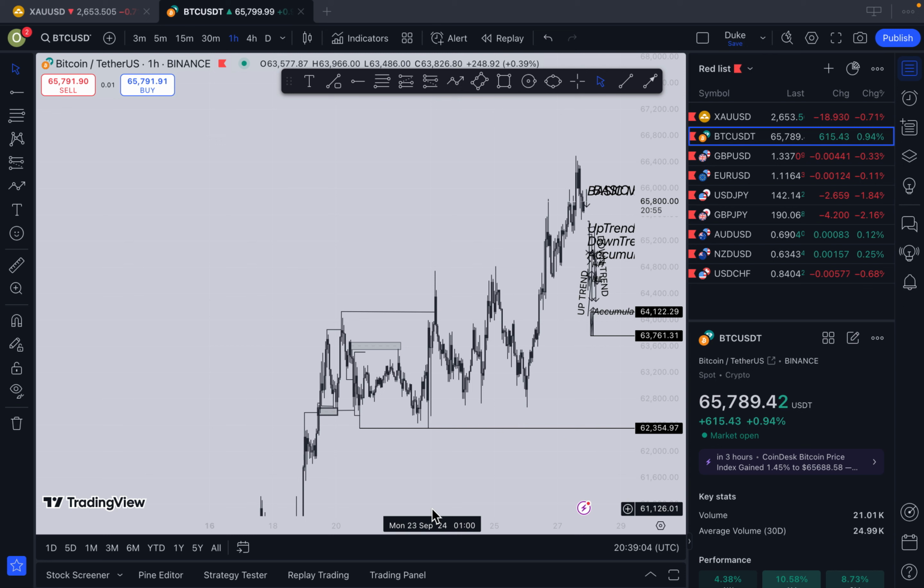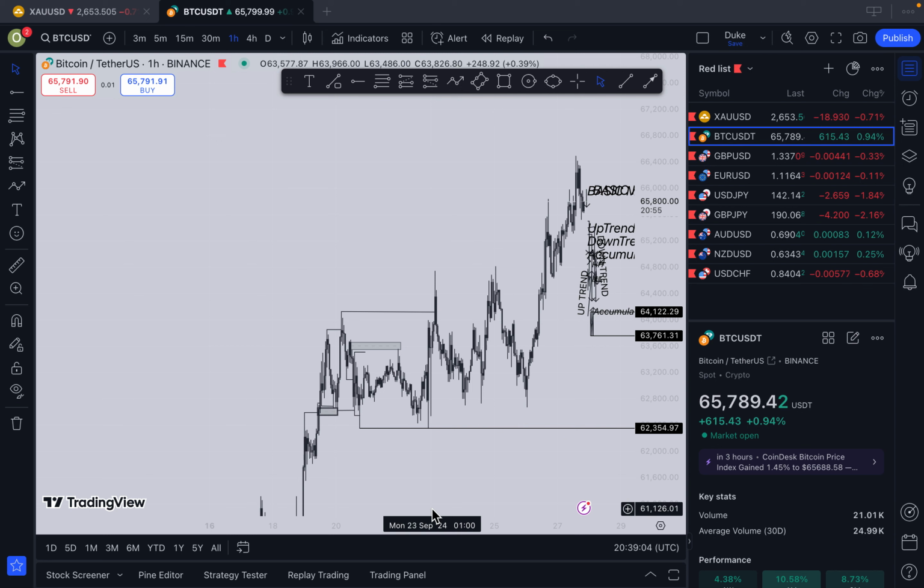Same thing all over. After this impulsive buy, it came up here. Where did it break? Okay, let's say here. Let's not acknowledge this, but it broke it.